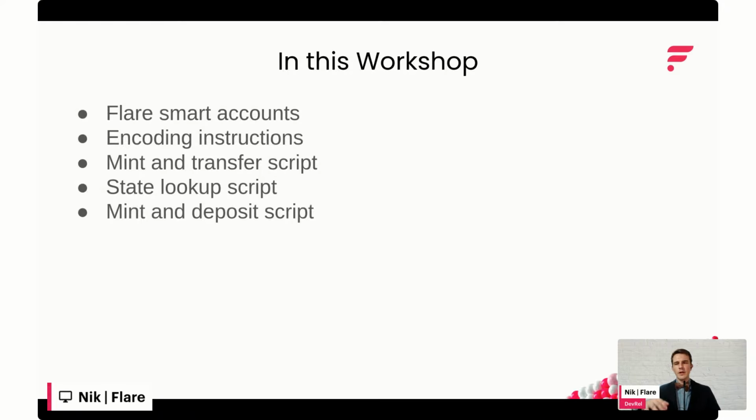So the first script will show us how we can mint and transfer FXRP using smart accounts, and this is basically equivalent to minting FXRP to an arbitrary Flare address. Then we'll also look at the script for looking up the smart account state. And lastly, we'll look at the mint and deposit script, which basically mints FXRP and deposits it into an Upshift type vault.